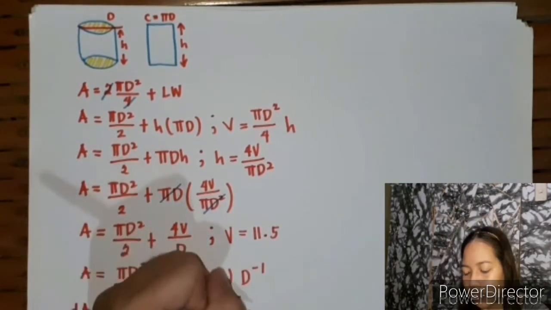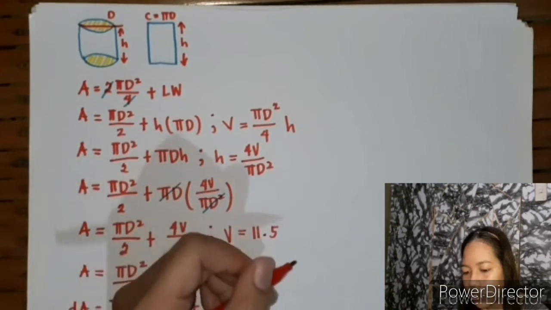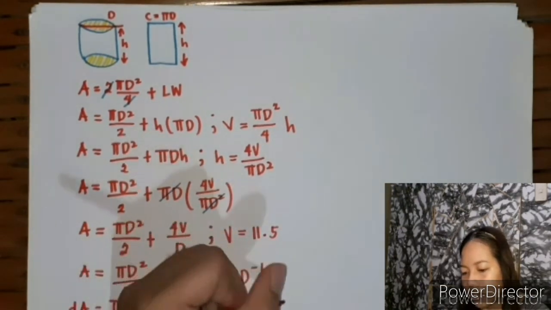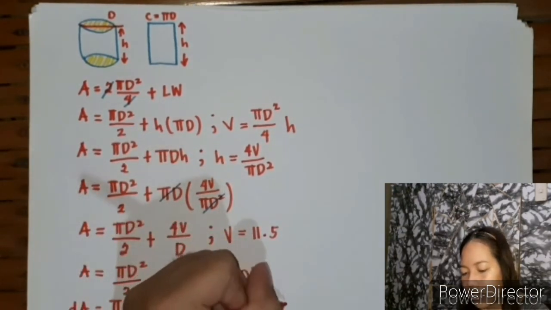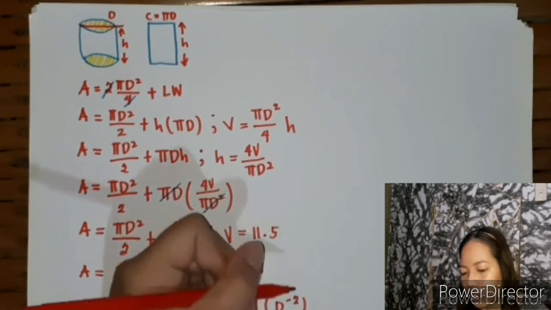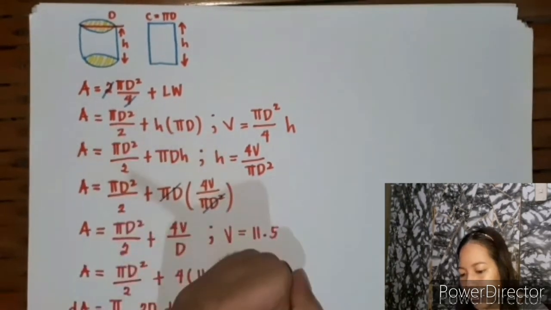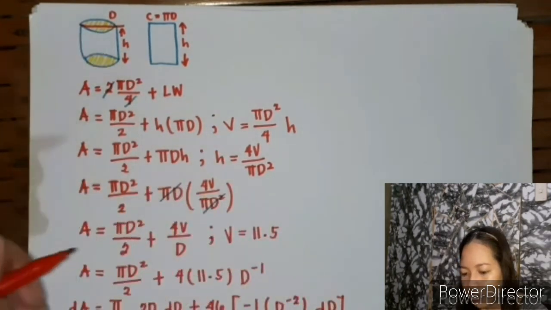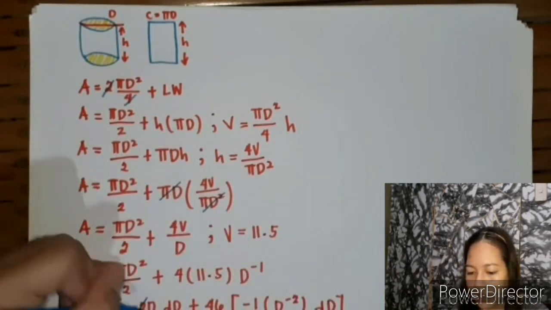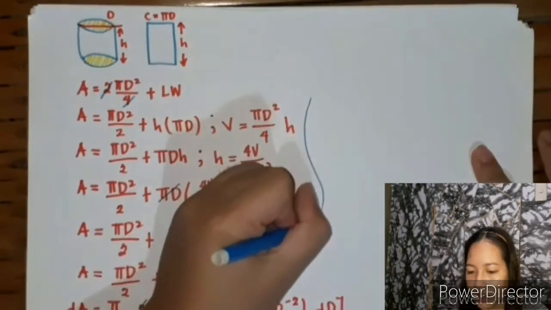And then we get a derivative of d raised to negative 1. It will become negative 1 times d raised to negative 2, and then the derivative of d. Then we cancel 2 from 2.